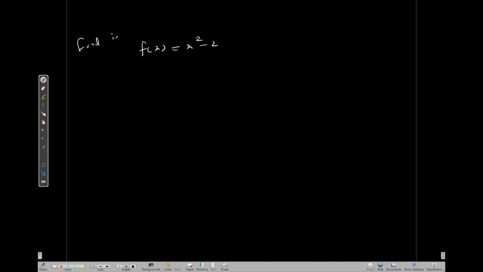If I end my question like this, actually this question is wrong. But if I word it like this, find inverse of f of x equal x squared minus 2, x greater than or equal to 0.